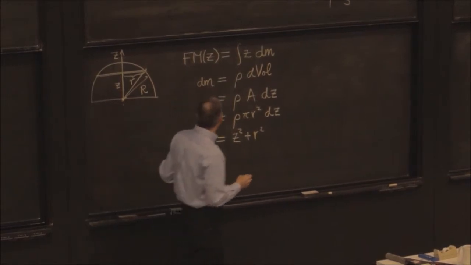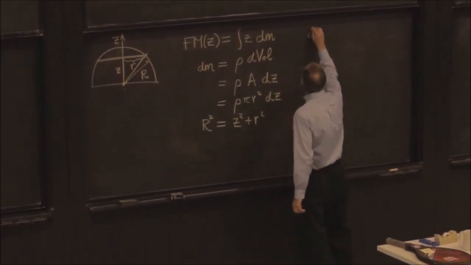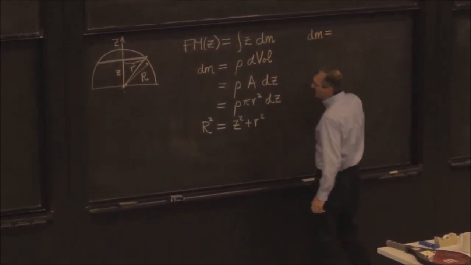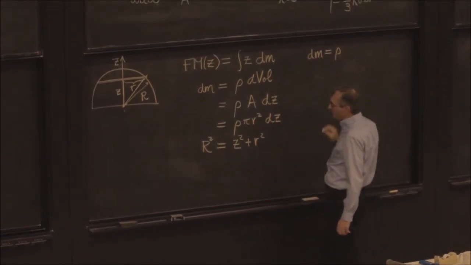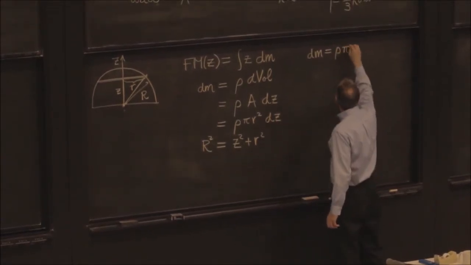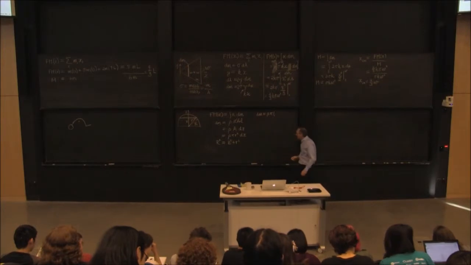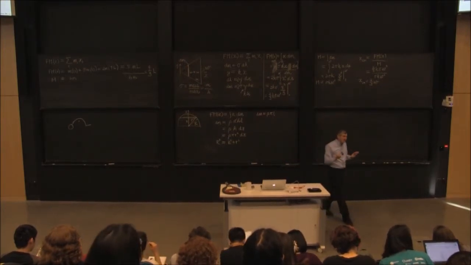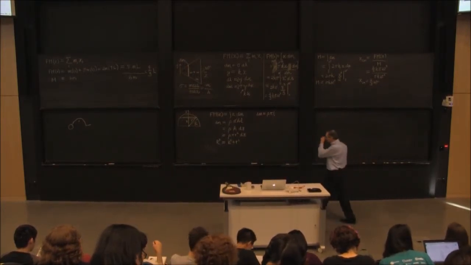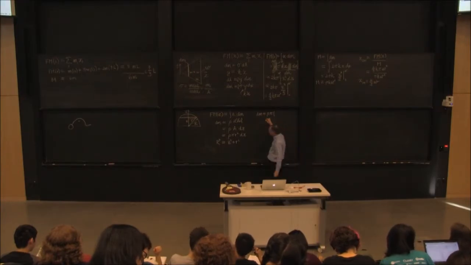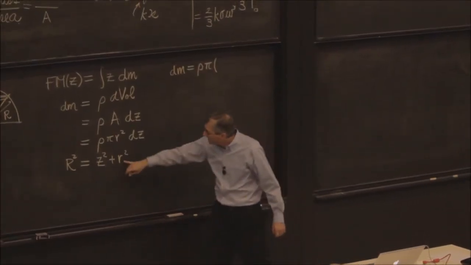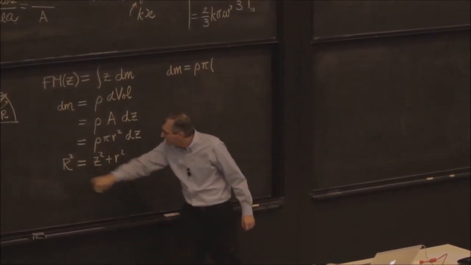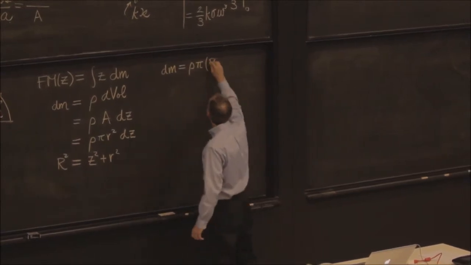That's good. So I can rewrite dm as the mass density rho pi. It's because rho is not a function of position that I'm treating it as a constant. Now to get r squared, I just have to subtract z squared from both sides.